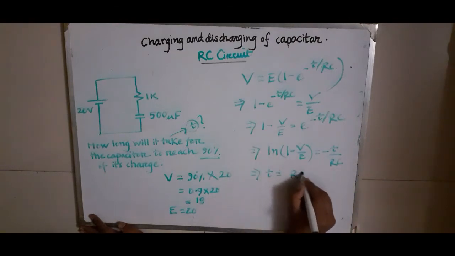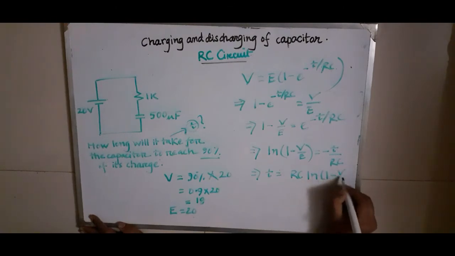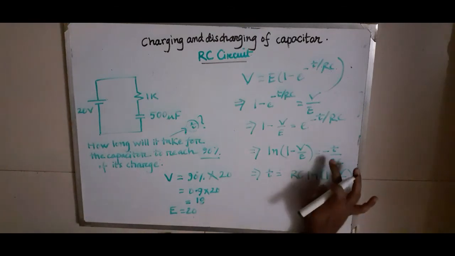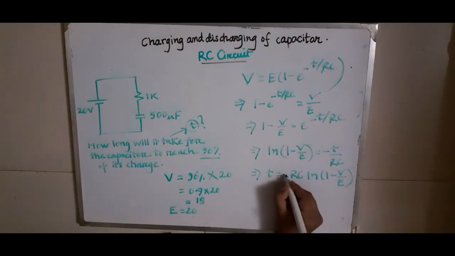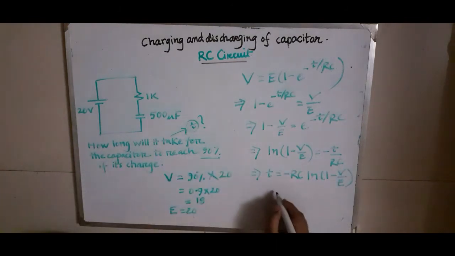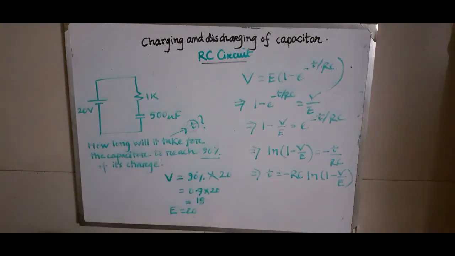So t equals RC ln of 1 minus V by E. Now there was a minus sign over here, so this minus should also go to that side. So this is what we are supposed to find out: how long it will take for the capacitor to reach 90% of its value.